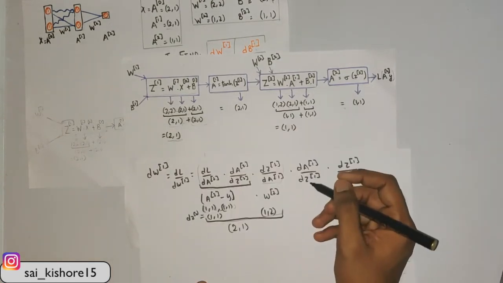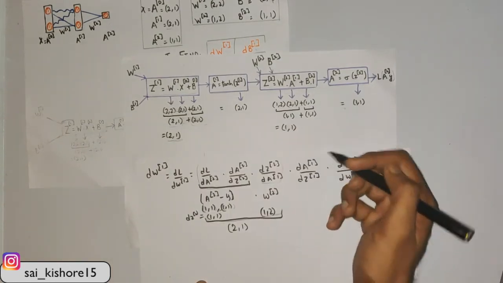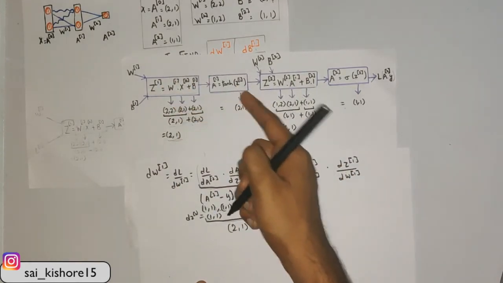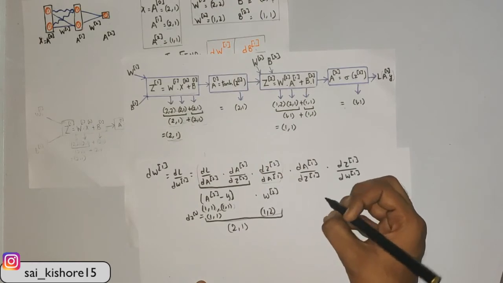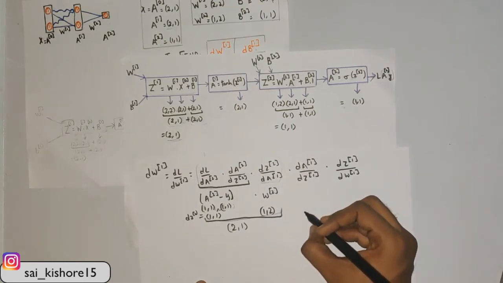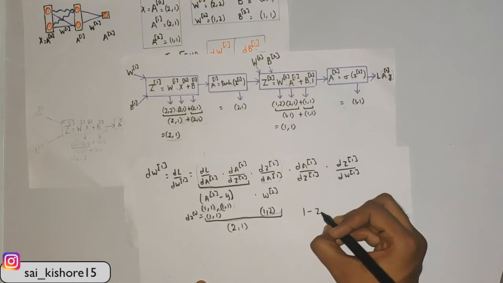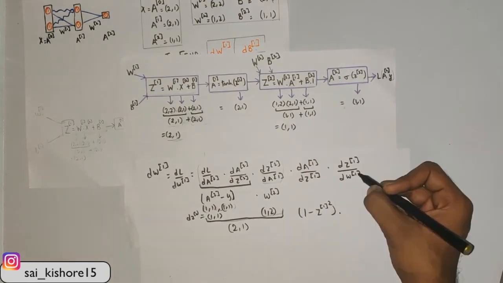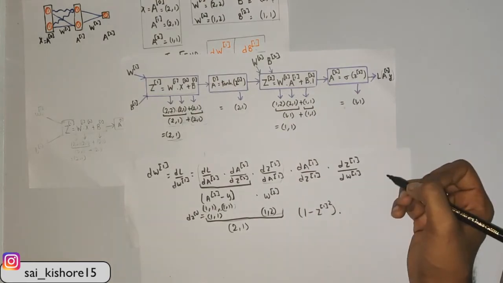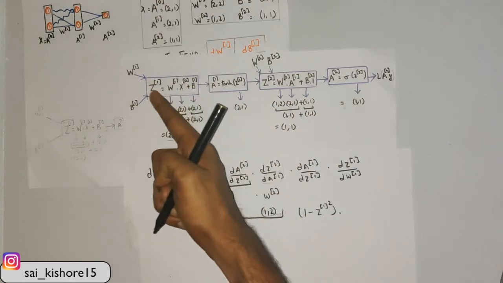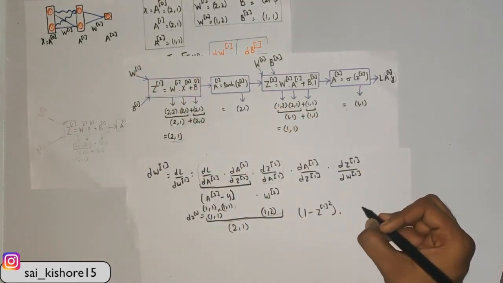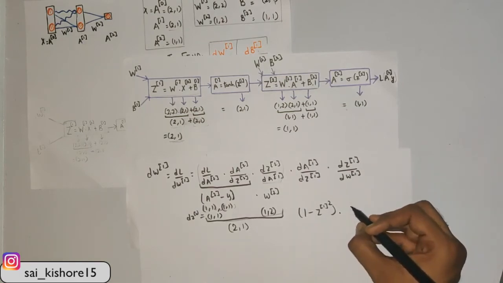Our next task will be to compute the gradient of A1 with respect to Z1. So the gradient of tanh is nothing but 1 minus z1 the whole square. And then the last term, the gradient of dz1 with respect to dw1, is nothing but a naught.